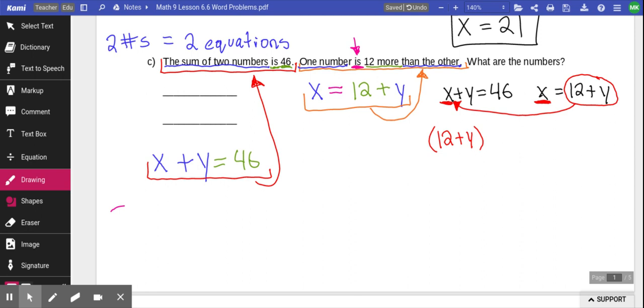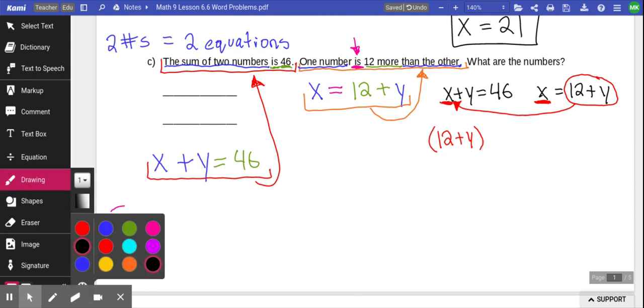And when I do that substitution, I put it in brackets. I then leave everything else in that equation the same. So if you're looking, I've looked at the second equation, realized that x equals 12 plus y, and I've now changed the other x to become 12 plus y.